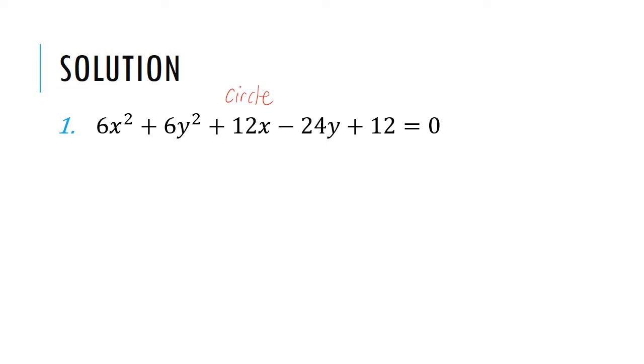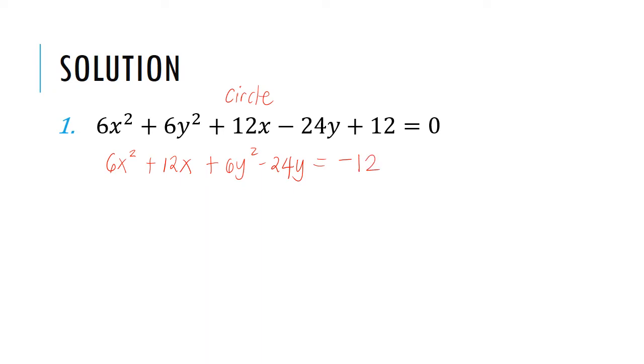We do this by first collecting all the terms with the same variable. So we have 6x squared plus 12x, then plus 6y squared minus 24y, and then transpose positive 12 to the right side, and we get negative 12.